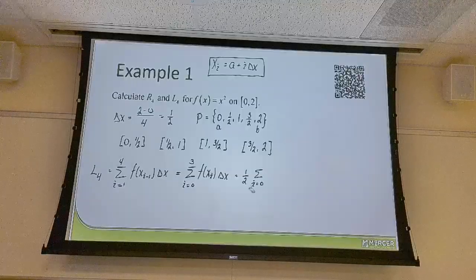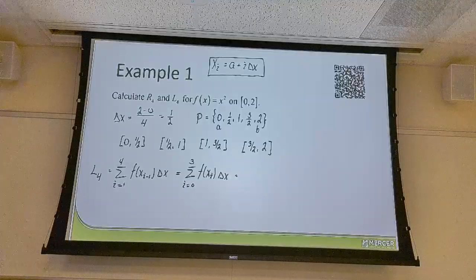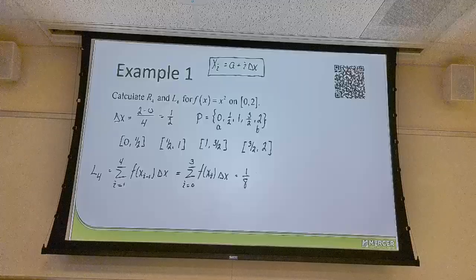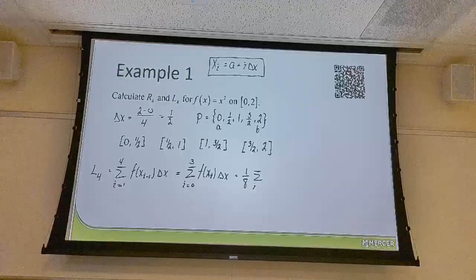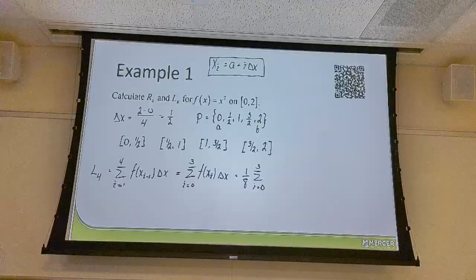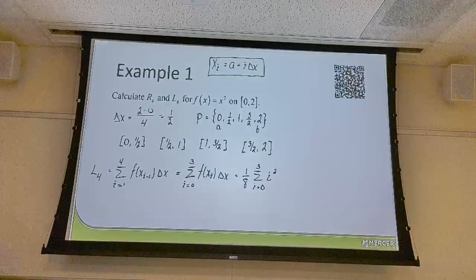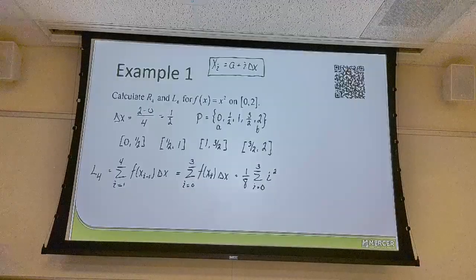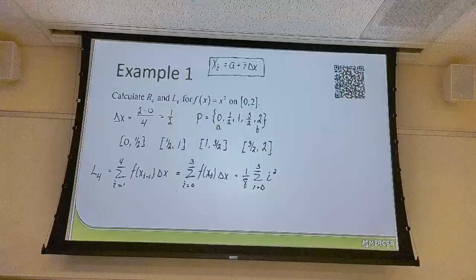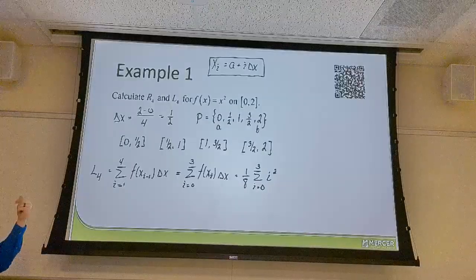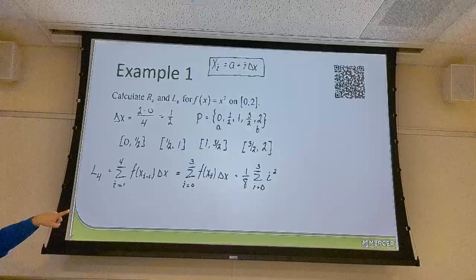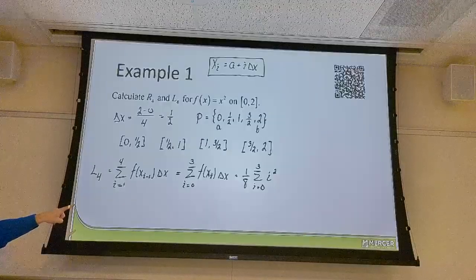Well, actually, I don't need to do that, right? Using the same argument as before, we'll just get that, right? But here we can't use the special formula because i starts at 0.